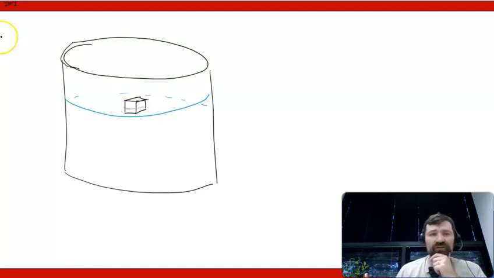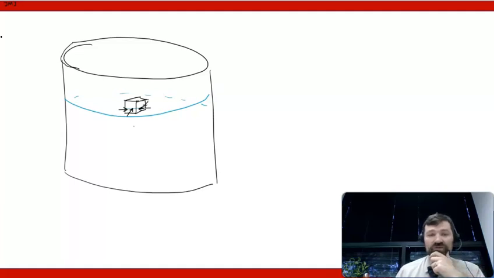The pressure is perpendicular to the surface upon which it is applied, so I have pressure from the sides, and it's basically the same amount from each side. So the net force between those different pressures is zero.